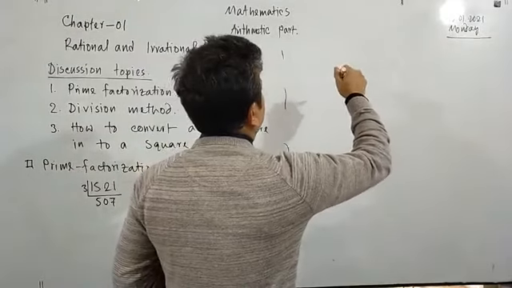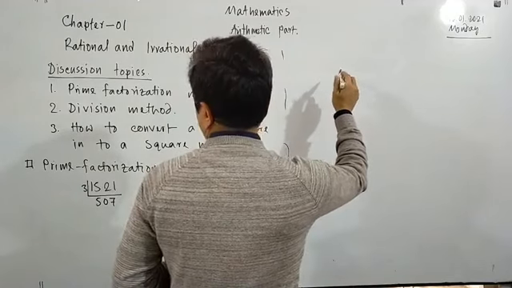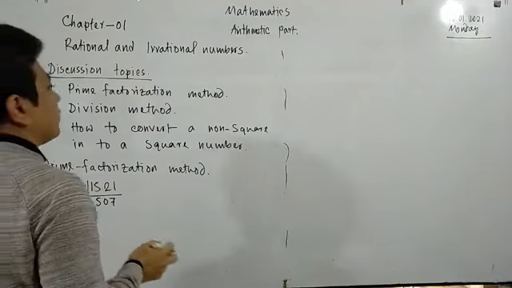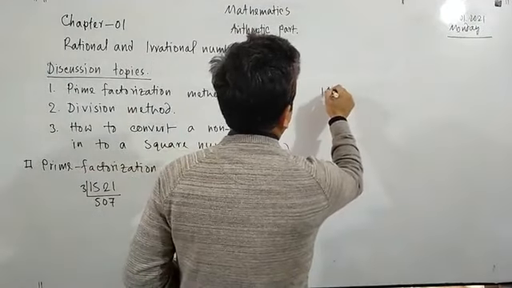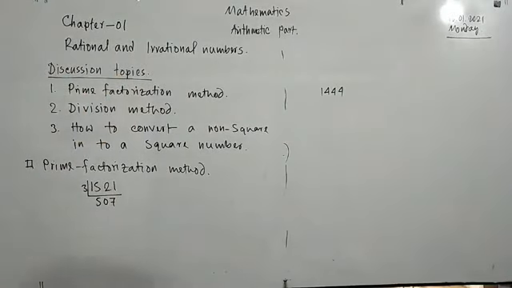Look at that. For example, any other number I am taking, for example 1444. Or any other numbers you can take, no problem. If you want, we can take 144 or some other numbers also, it's okay.